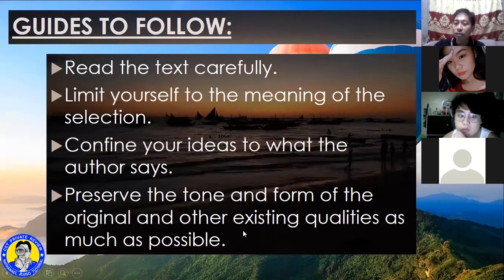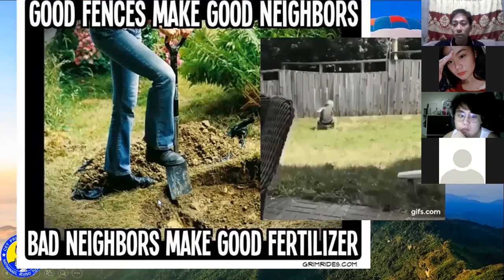Sometimes language has a deeper meaning, and you will be asked to paraphrase it into layman's terms so that other people can understand easily. Okay. And the guides to follow there: you read the text carefully, limit yourself to the meaning of the selection, continue your ideas to what the author says, preserve the tone and form of the original and other existing qualities as much as possible, and then you state it using your own words.